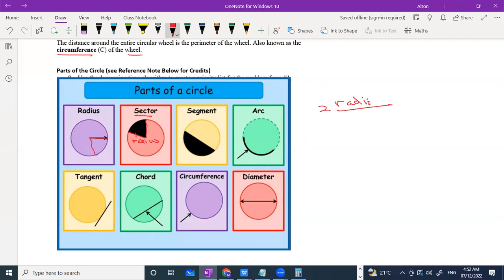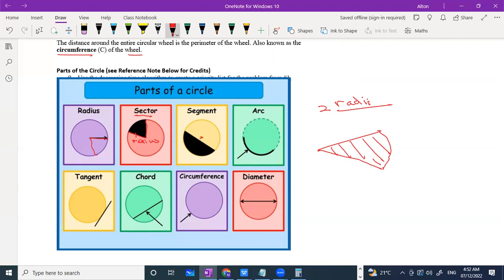And once you have two radii and you are connecting part of that circle, which we call the arclet, then the enclosed shape, the entire thing, is called the sector. Now, let's distinguish sector from segment. What's the difference?